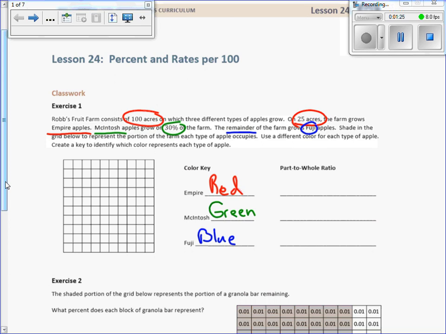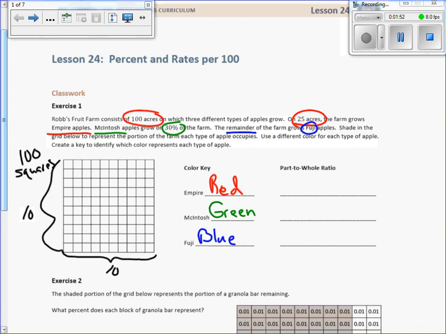So we have this grid, and if you count across 1, 2, 3, 4, 5, 6, 7, 8, 9, 10, there are 10 squares across, and 10 squares on the side. So that is a grid 10 by 10, so there are 100 squares.